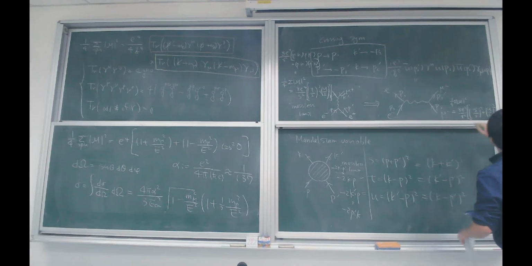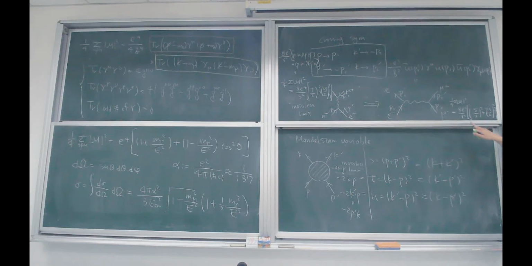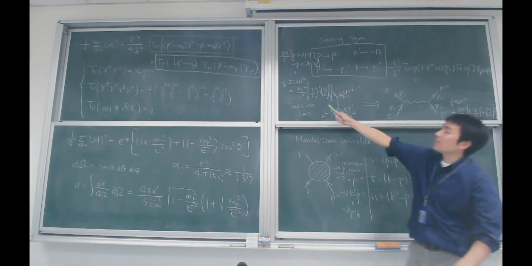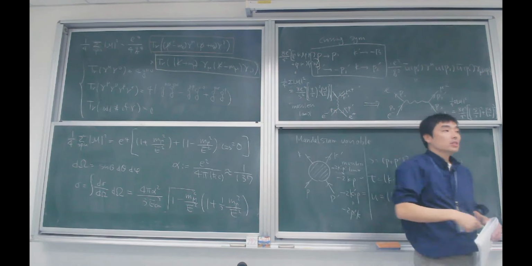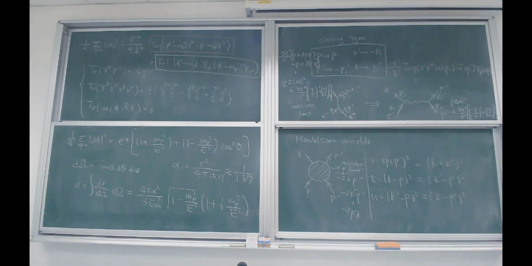Crossing symmetry is just swapping s and t from left and right. So that's crossing symmetry. And then I think I should stop here.